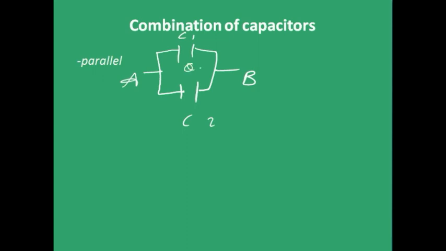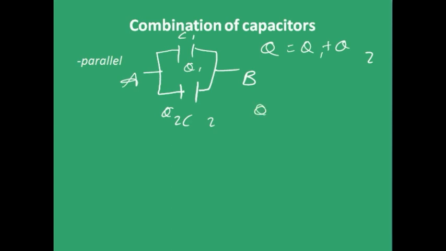Let the charge on first capacitor be Q1 and this be Q2. Now if I want to replace this system by a single capacitor which has the effective capacitance C, then it should be able to hold the charge which is the summation of both these charges. I mean the effective capacitor should be able to hold a charge of Q1 plus Q2, right?